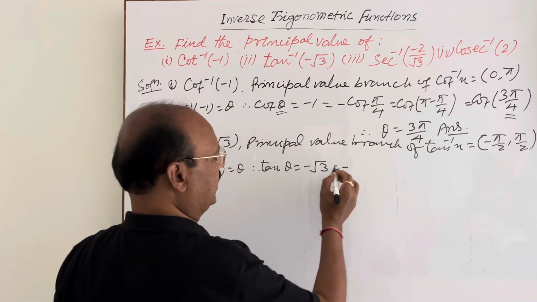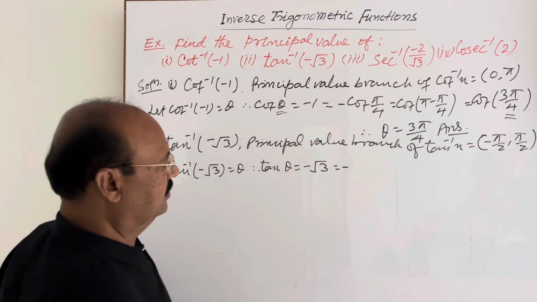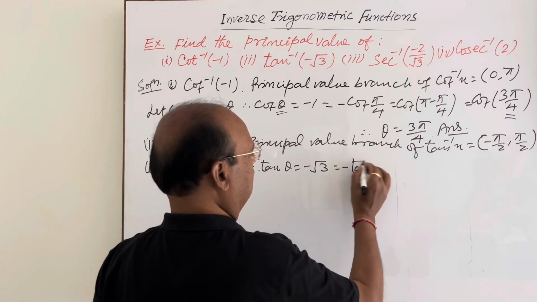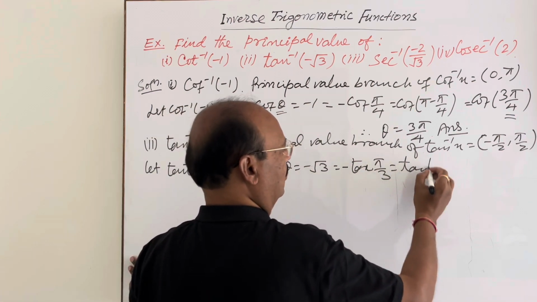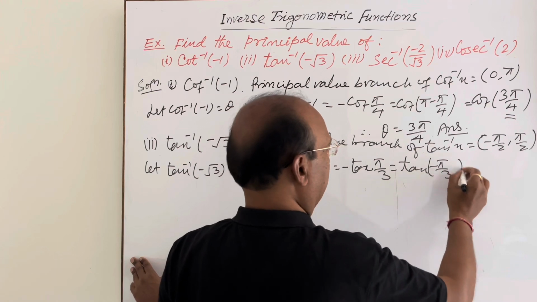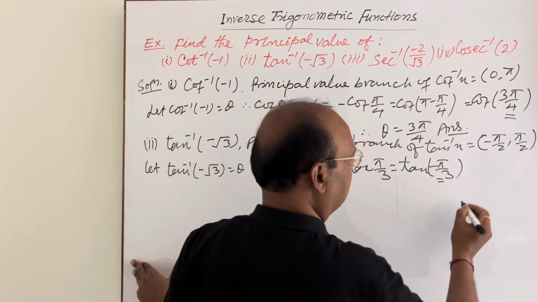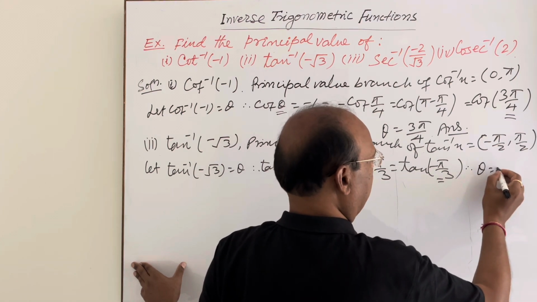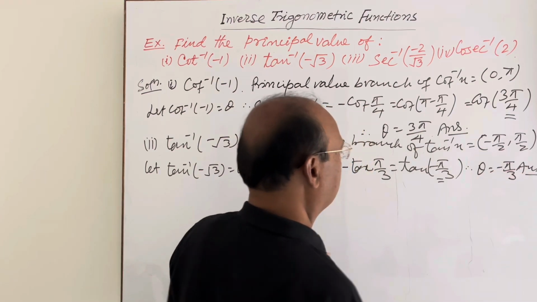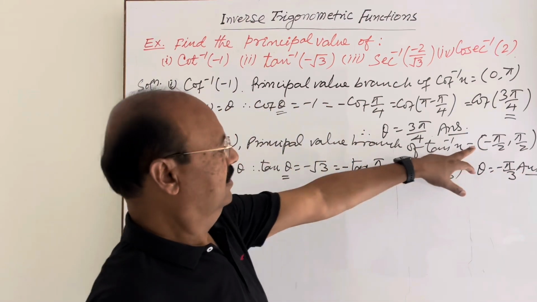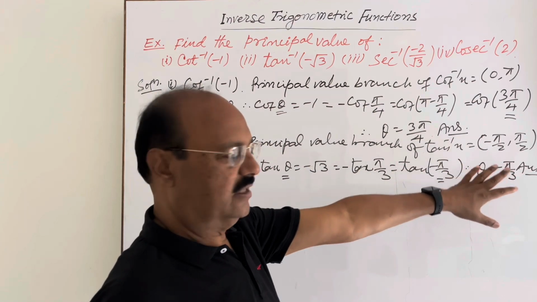Minus √3 is minus tan pi by 3, which can also be written as tan of minus pi by 3. By comparing, we get theta is equal to minus pi by 3. This is the answer. Now we check that the value of theta lies in this interval. Minus pi by 3 is lying here, correct. So this is the correct answer.